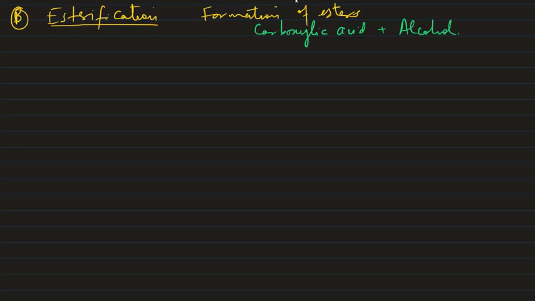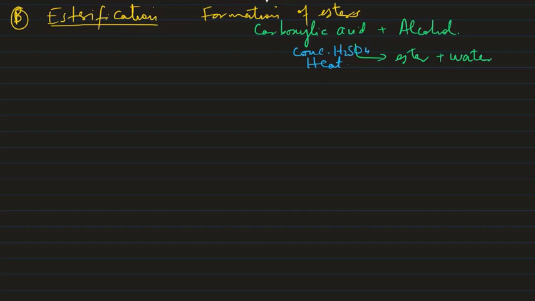So any carboxylic acid and alcohol can be reacted to give esters. So we get an ester plus water. This reaction requires conditions: concentrated sulfuric acid is used as catalyst and we have to heat it.